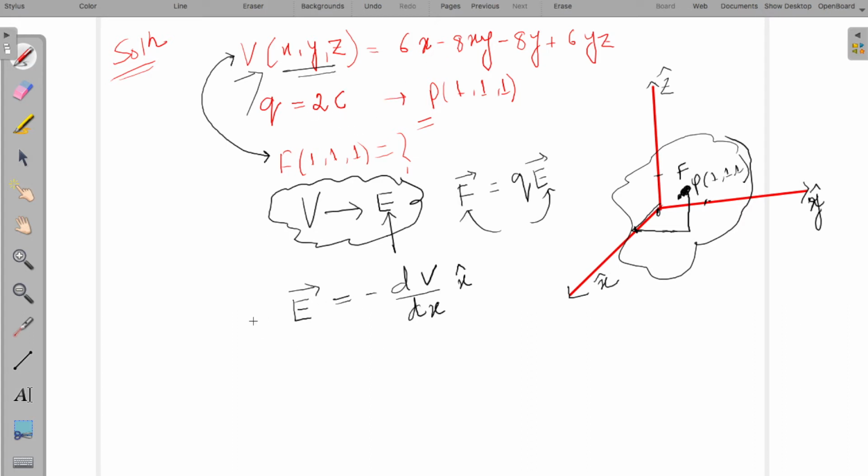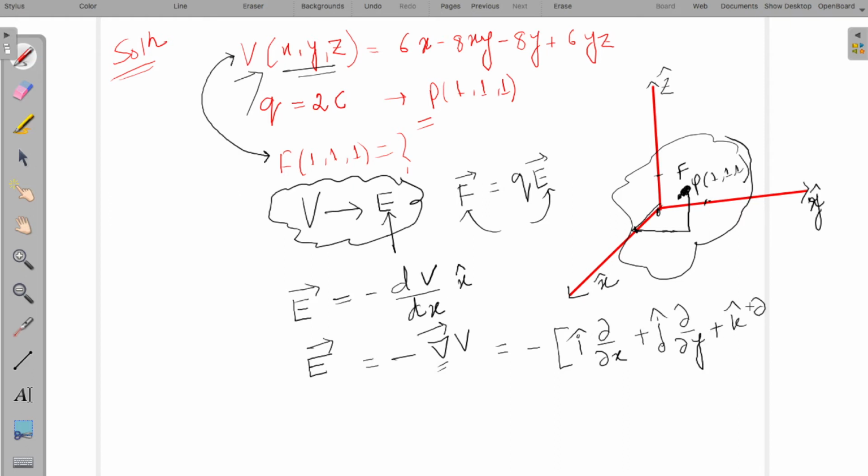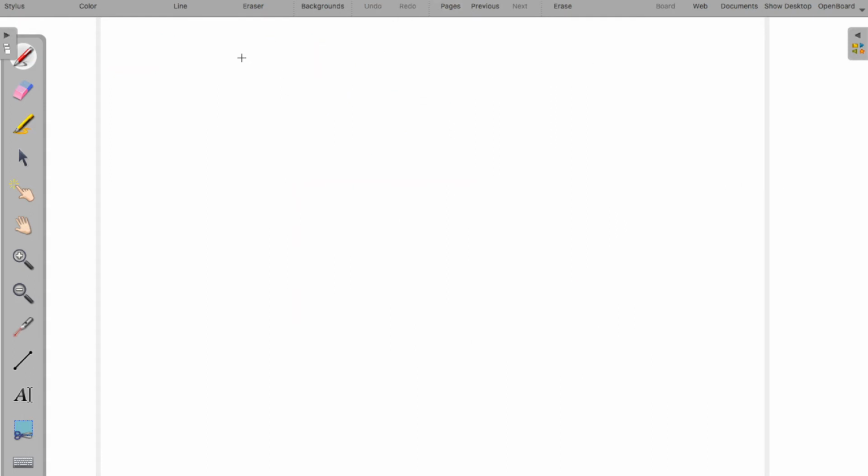So in the case of 3 dimensions, we must write the negative gradient of the potential, right? What is the value of the gradient? This gradient is nothing but i cap del/del x plus j cap del/del y plus k cap del/del z, then V, right? So now let's calculate these quantities. So let's proceed and solve it in the next slide.